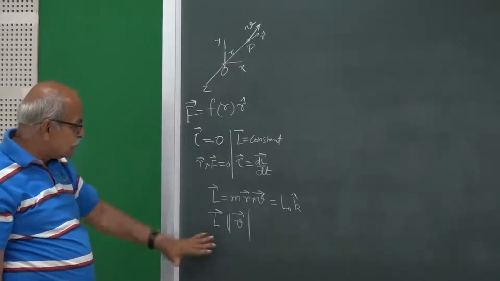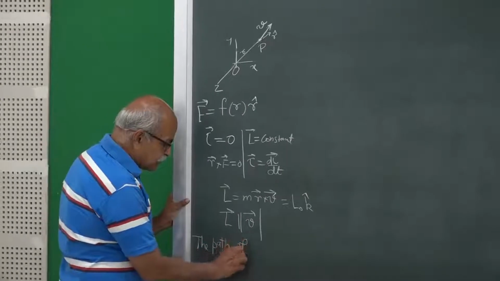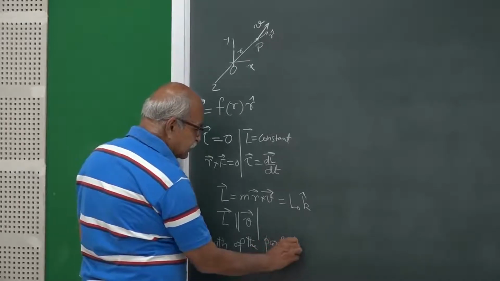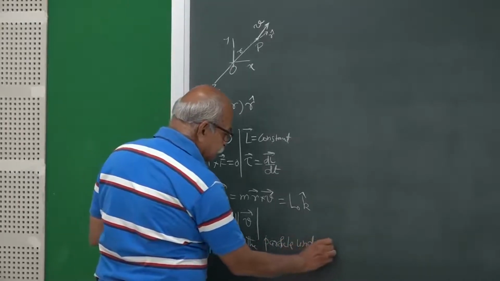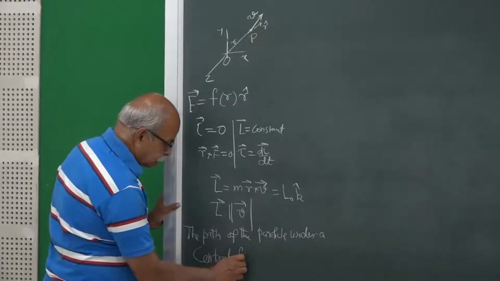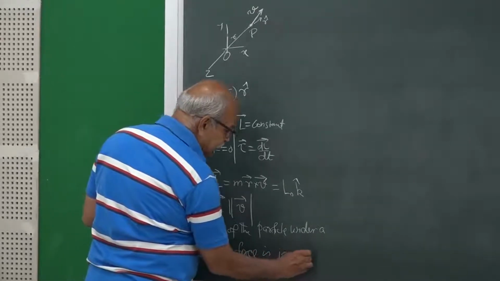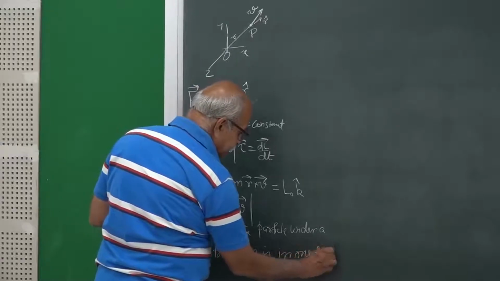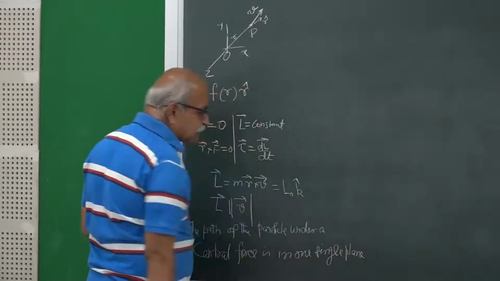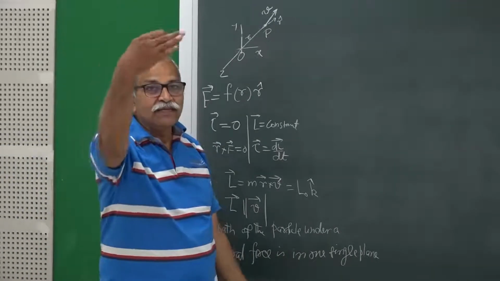And so, from here itself we can say that the path of the particle under a central force is in one single plane, whatever be that plane. It is a two-dimensional motion, it is not three-dimensional motion, although it is free to go anywhere as such, no boundary is there.